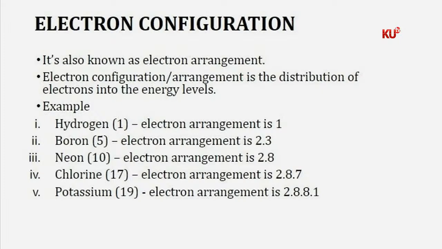It is on the screen. How are the electrons being distributed down the energy levels? Now that we have seen that we have different energy levels, we have also indicated the maximum number of electrons each one of them can carry.